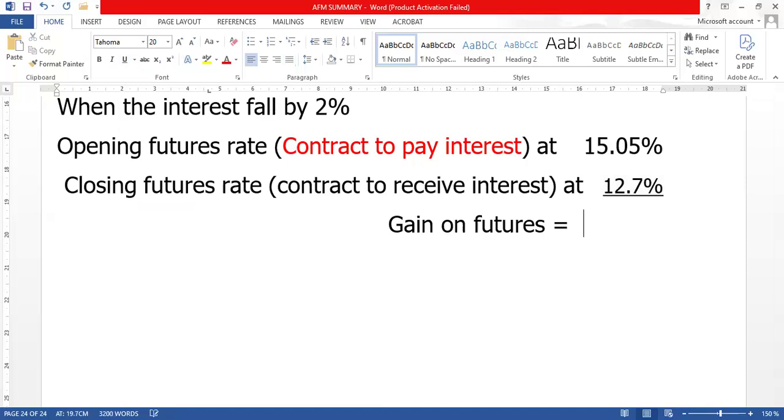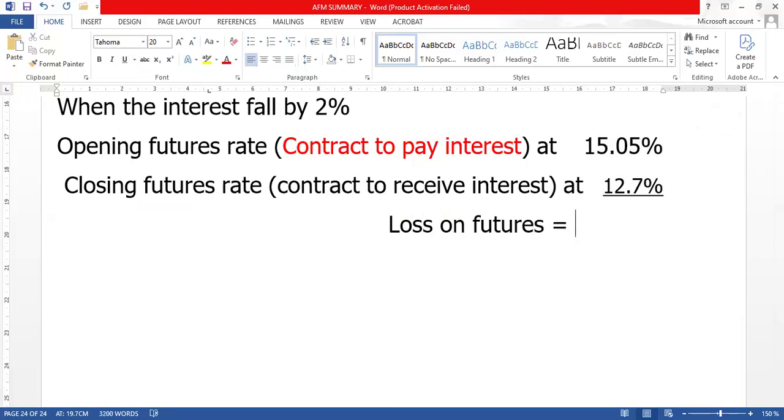Are you gaining or making a loss? It's a loss. You paid interest at this rate, now you're receiving at this rate. So it's a loss on futures.